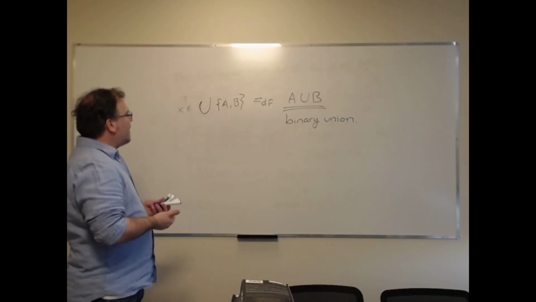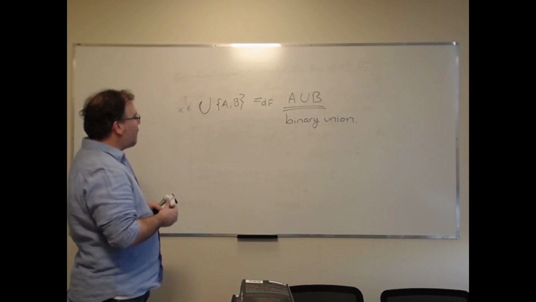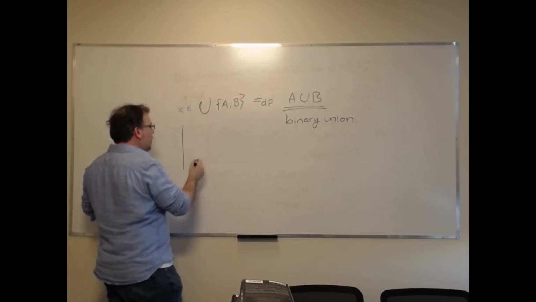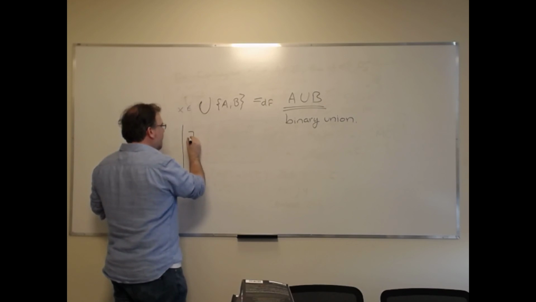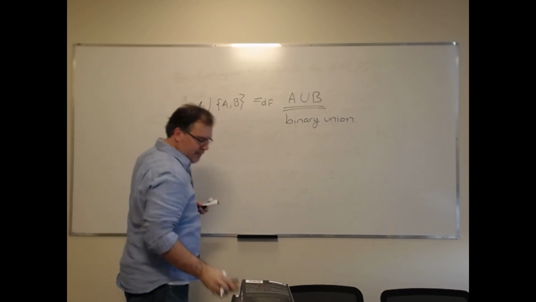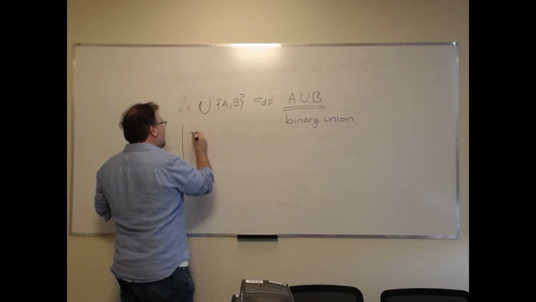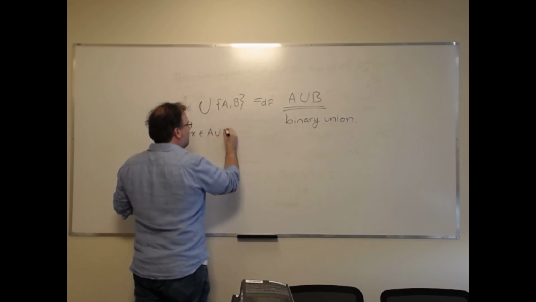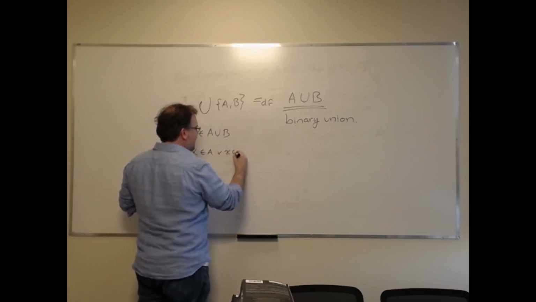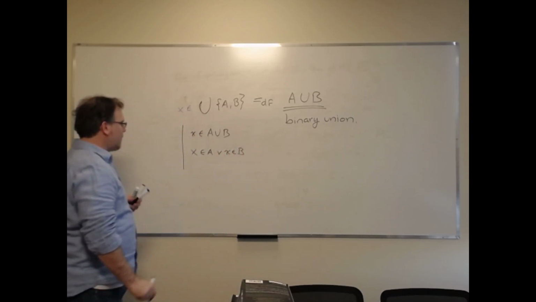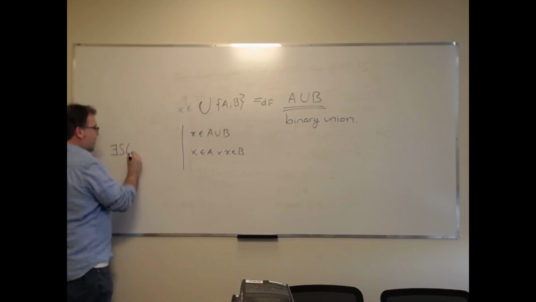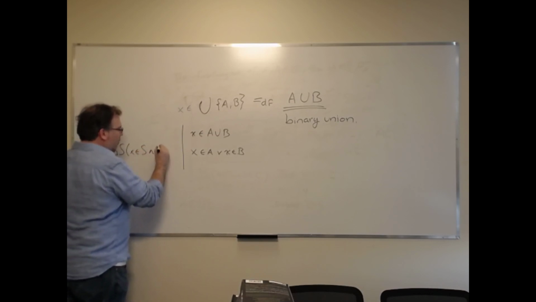As a result of that, we're going to have two membership conditions for the binary unions, or two rules involving them. Suppose we have X is in A union B. That's going to tell us that X is in A or X is in B. So in terms of our big definition for the union set, we had the following.